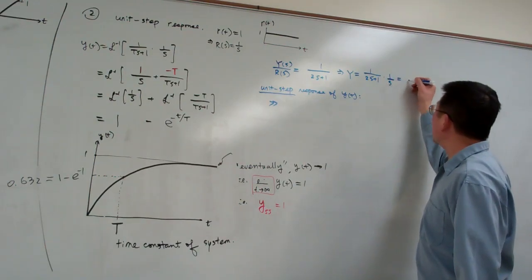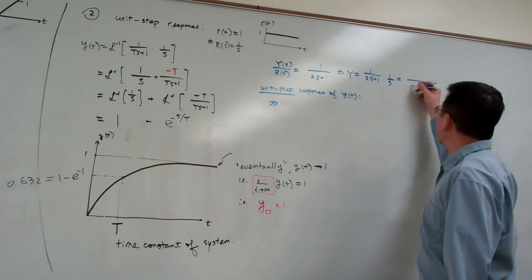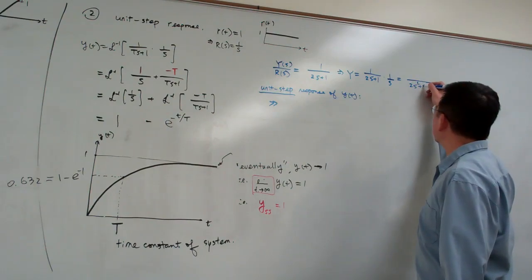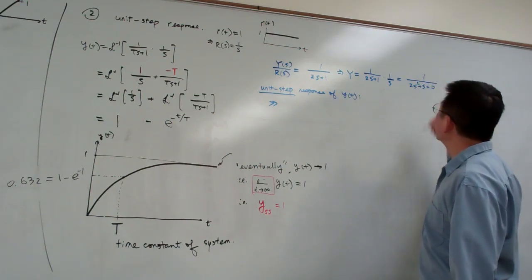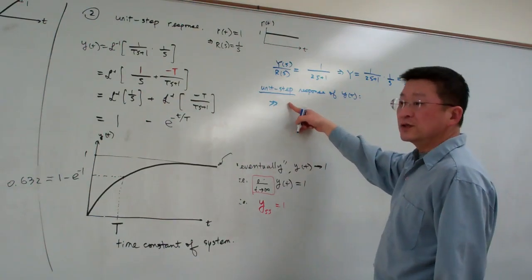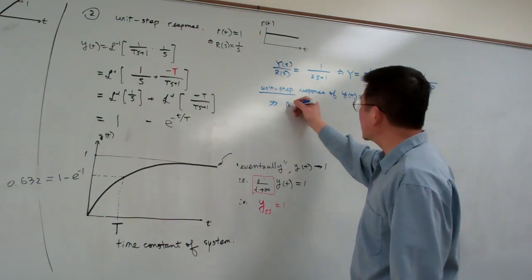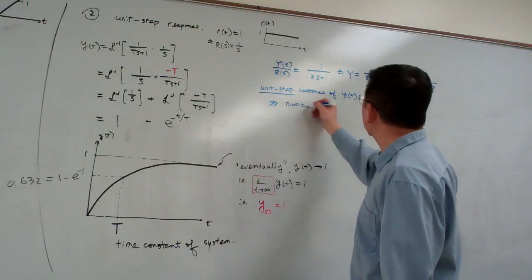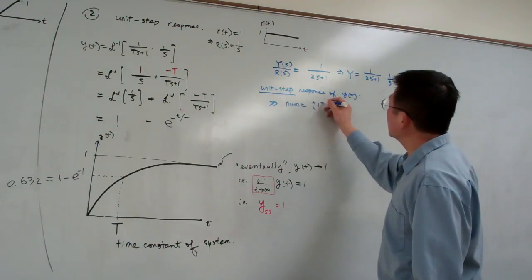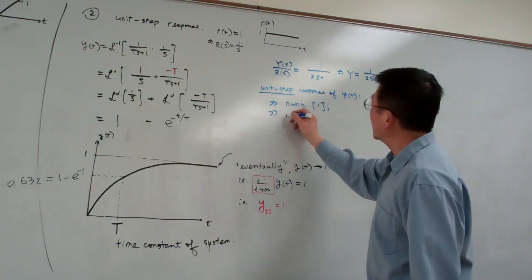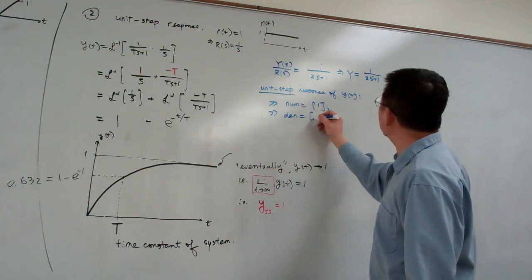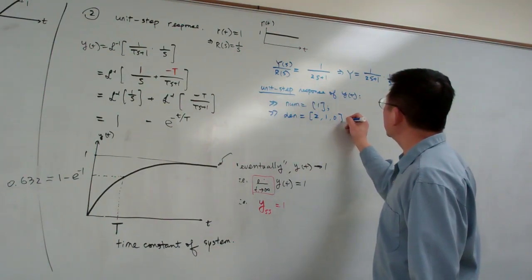So that way it becomes 2s squared plus s plus 0. So when you do the unit step response, the numerator is equal to 1 and the denominator equal to [2, 1, 0].